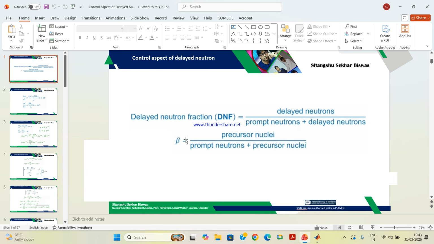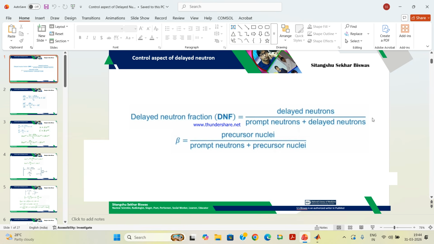Today we are going to discuss, following the previous lecture, where I gave you a brief idea about prompt and delayed neutrons. We also saw in the beginning the fissile fuel consumption in a nuclear reactor and how it is to be calculated, and once it is loaded, how long it will be able to produce the rated power output that we calculated.